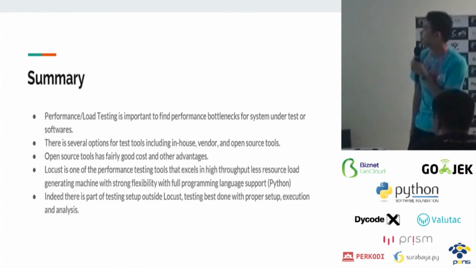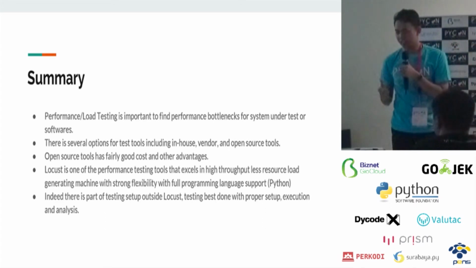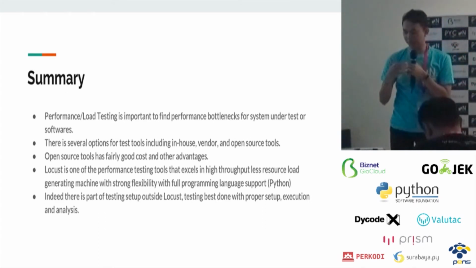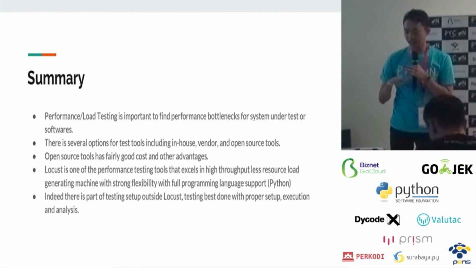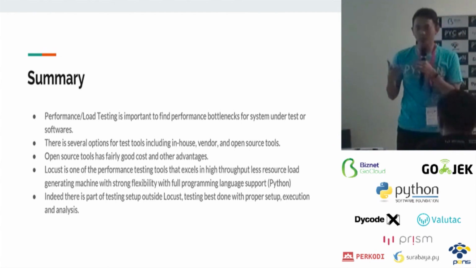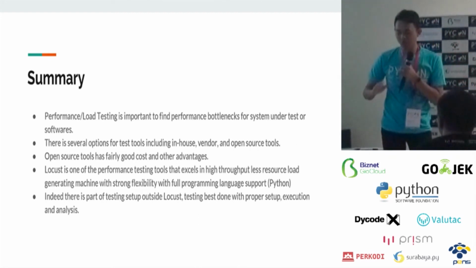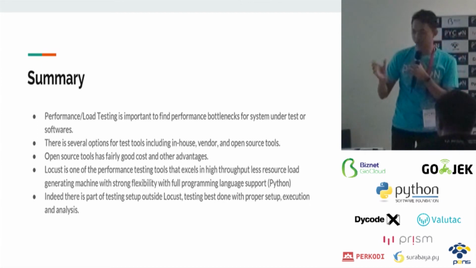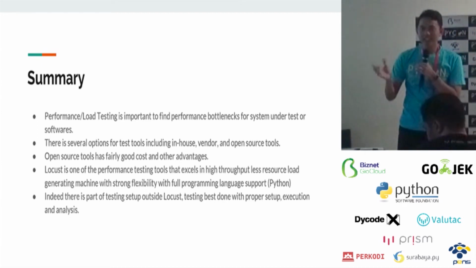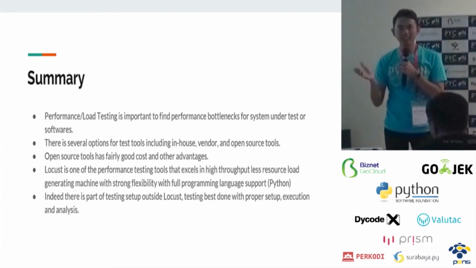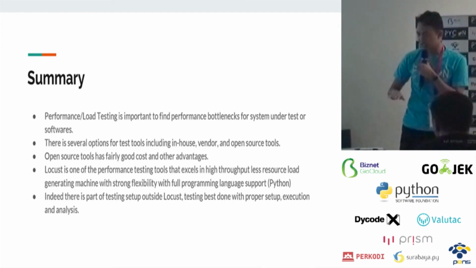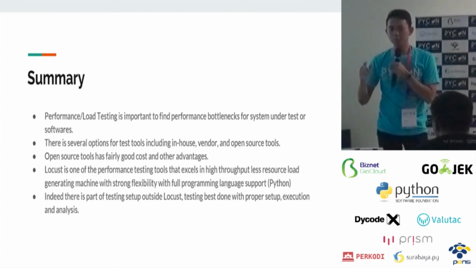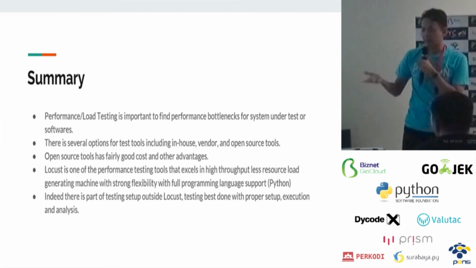And in summary, performance and load testing is important to find performance bottlenecks or the system under test for our software. There are several options for load testing, including in-house, vendor, or open source. And Locust is one of the open source performance testing tools that has better functionality in creating high throughput, low resource load generating machines, and because it supports a full programming language, which is Python.